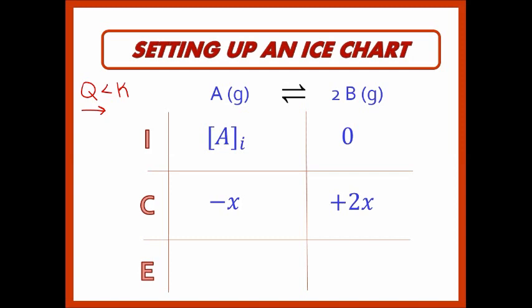And from this information of the initial concentration and the change in the concentration, we have a mathematical expression that represents the equilibrium concentration of the reactants and products. So the equilibrium concentration of our reactant A is going to be equal to the initial concentration minus the change, and the equilibrium concentration of product B is going to be the initial concentration 0 plus the change, so ultimately just 2x.